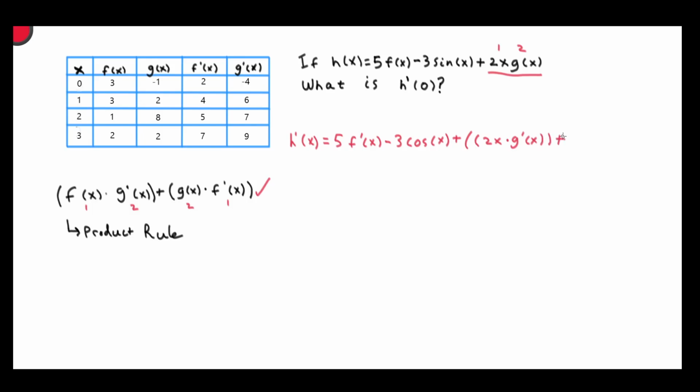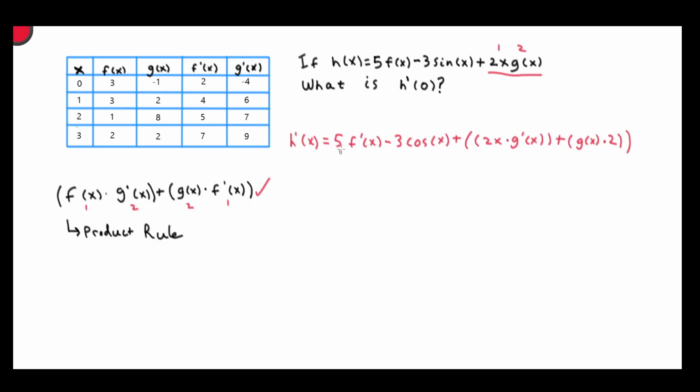And then we add that to our second term, which is just g of x, multiplied by the derivative of our first term, and the derivative of 2x is just 2.